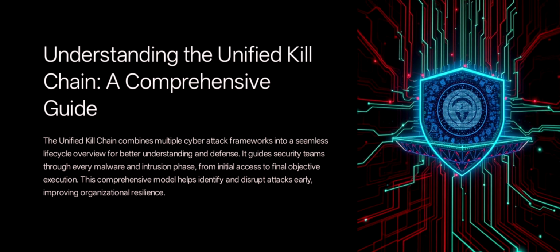Structure of the Unified Kill Chain. The Unified Kill Chain is organized into 3 primary phases. 1. Initial foothold, pre-compromise: 1. Reconnaissance. 2. Resource development. 3. Initial access. 2. Execution of attack, post-compromise: 4.